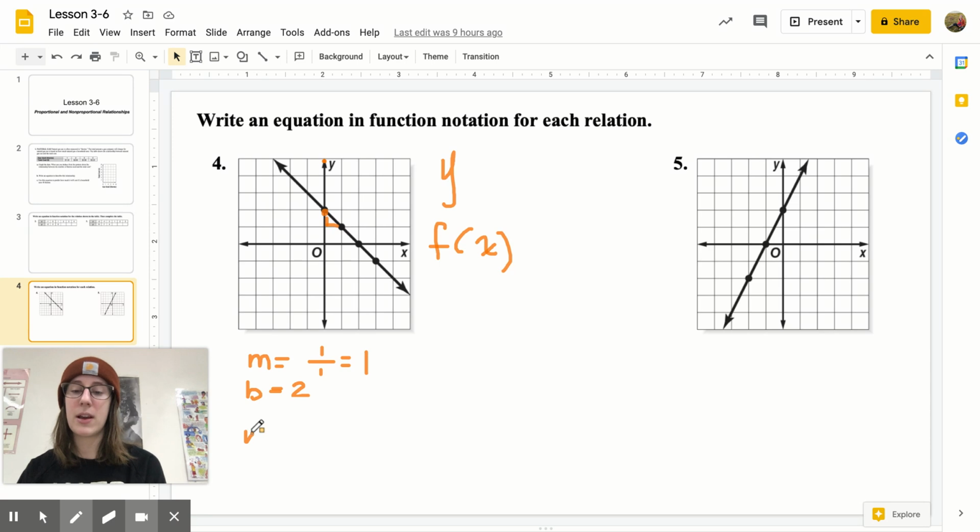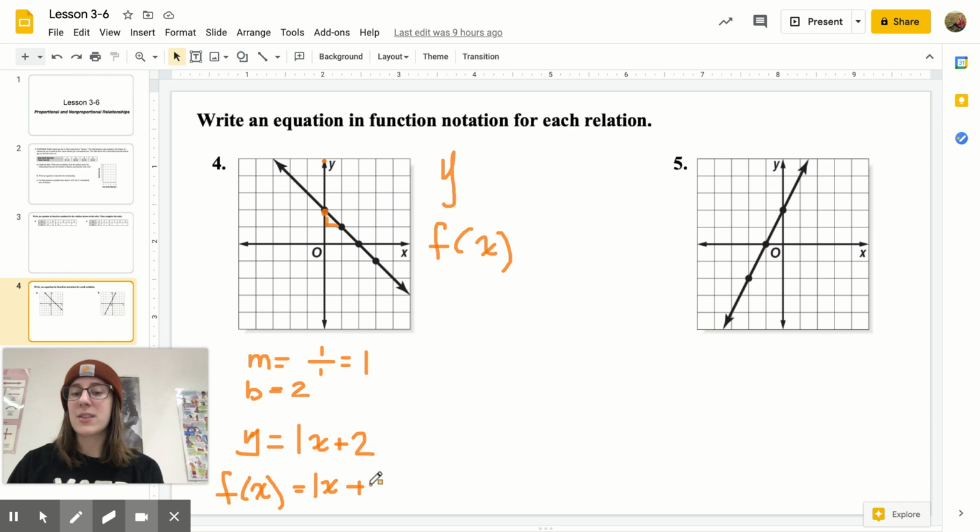Then you'll put it in y equals mx plus b form. And then the last step is it says to put it in function notation. So instead of y, we will say f of x is 1x plus 2.